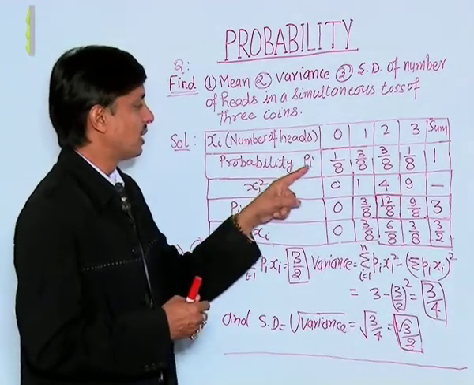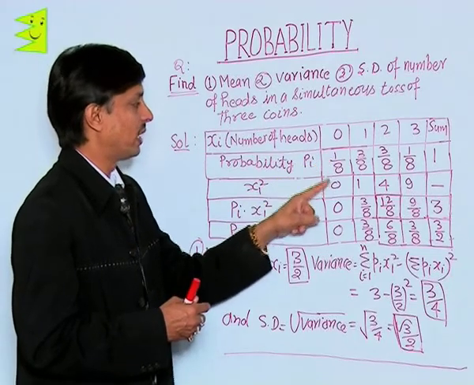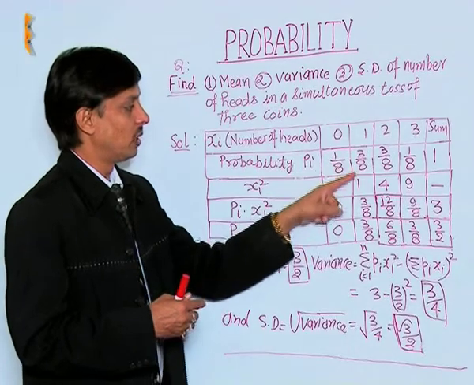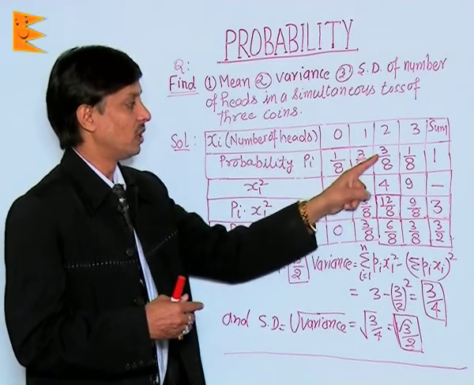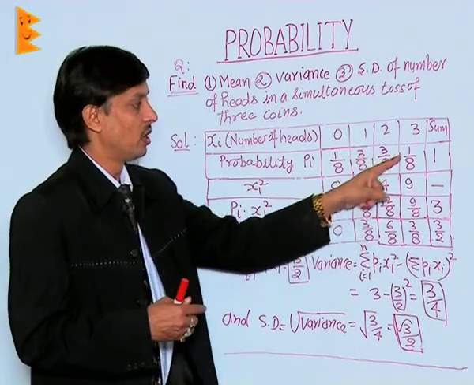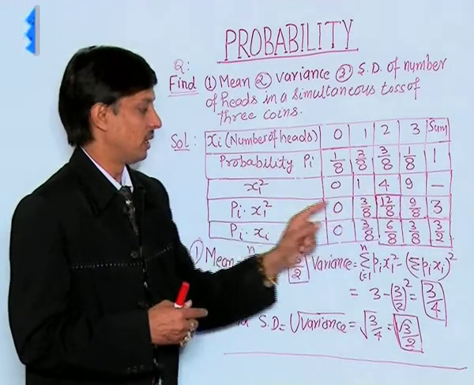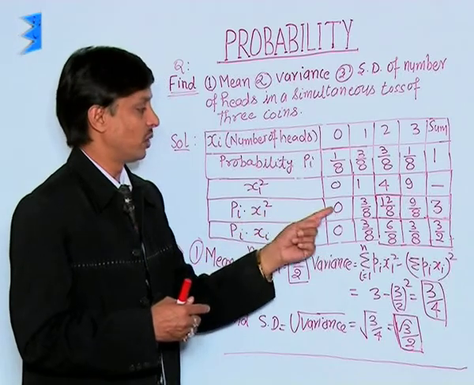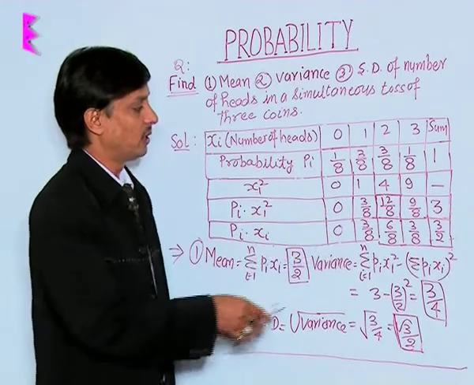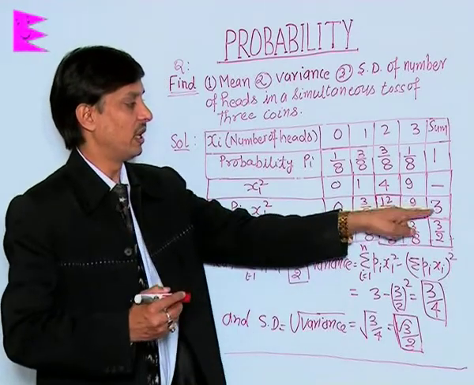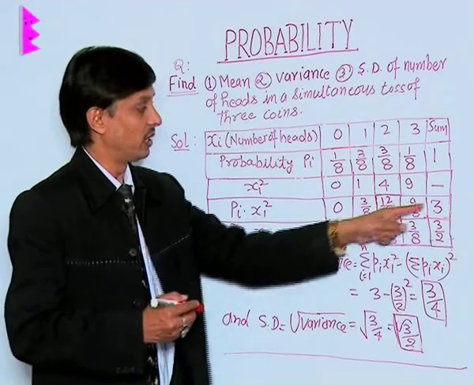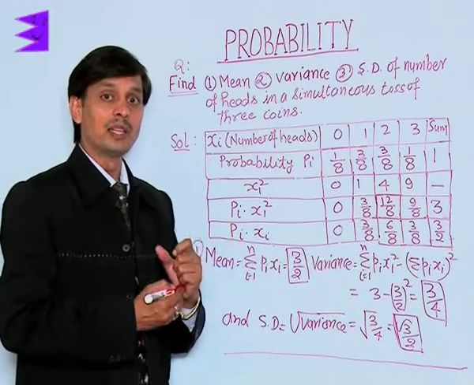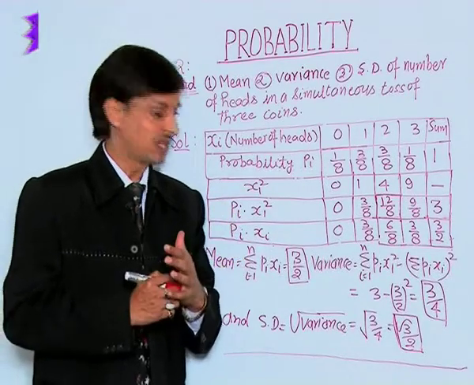Probability pi is 1 by 8 and xi square is 0, their product is 0. 3 by 8 into 1 is 3 by 8, 3 by 8 into 4 is 12 by 8, 1 by 8 into 9 is 9 by 8. Their sum, pi into xi square, is 0 plus 3 by 8 plus 12 by 8 plus 9 by 8, which is 24 by 8, that is 3.